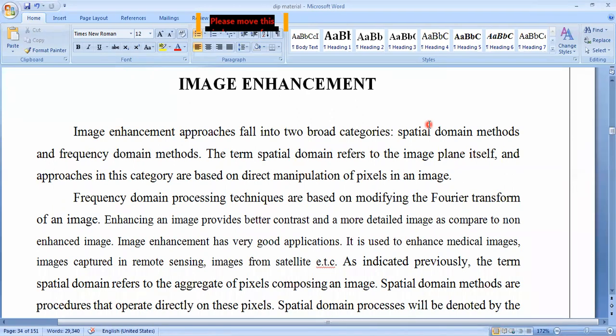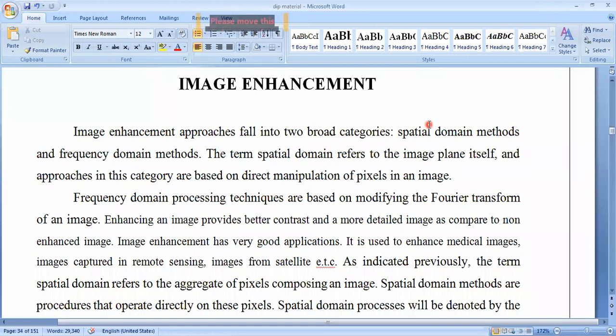So there is no prescribed procedure in image enhancement. Different algorithms are generated, and which one we use depends upon our requirement. We make some modifications on the image. Image means here image pixels, pixel intensities, that is, gray level values.